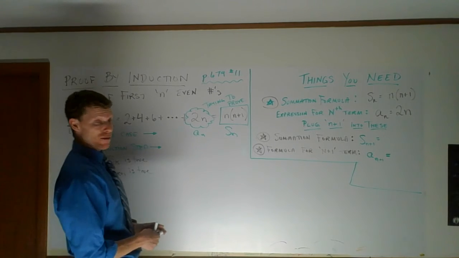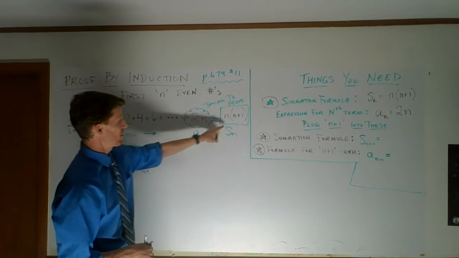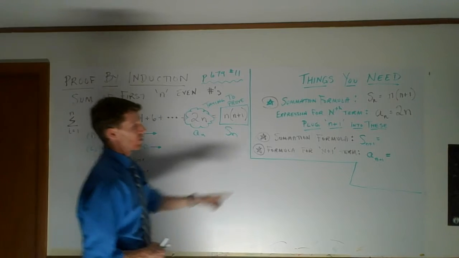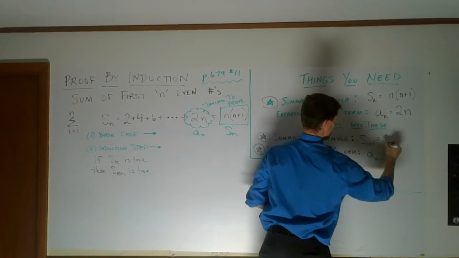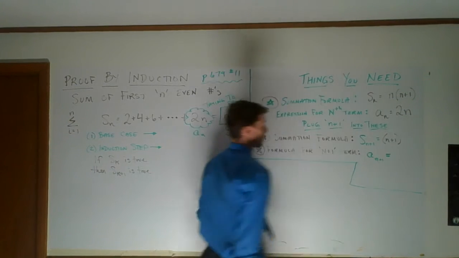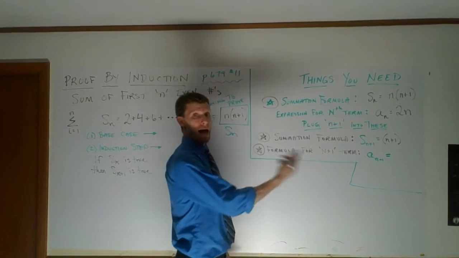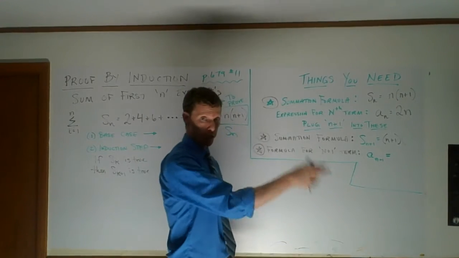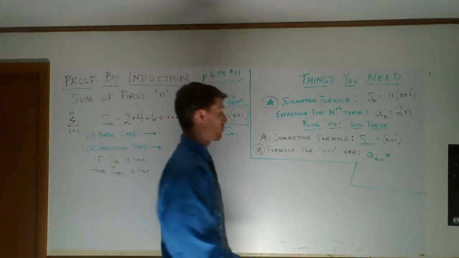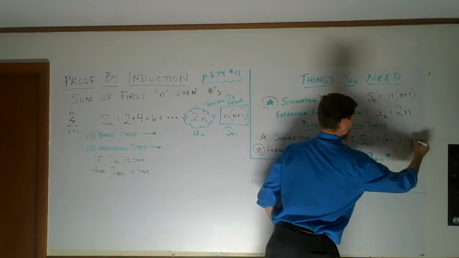And now we're going to take n plus 1 and plug it in here and here and here. So when we plug in n plus 1, this first n becomes n plus 1. And when we plug in n plus 1 here, we get n plus 1 plus another 1, which becomes n plus 2.